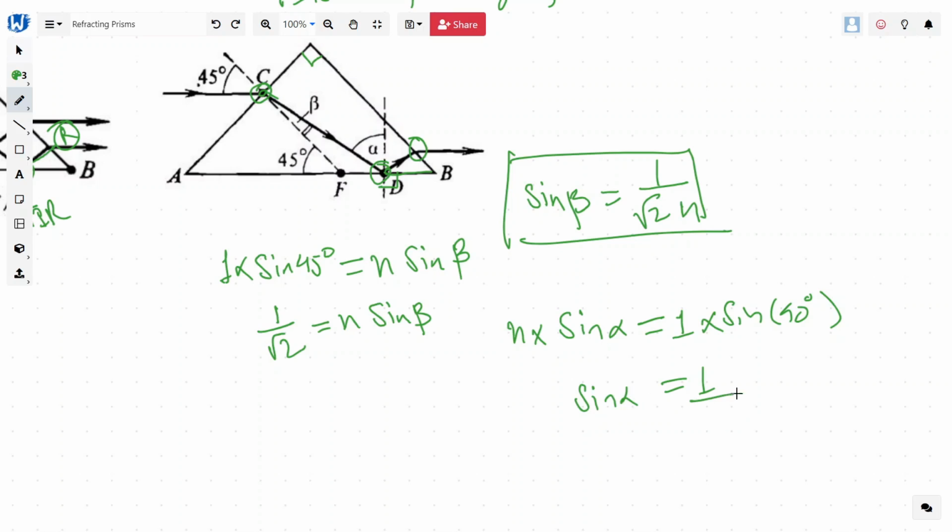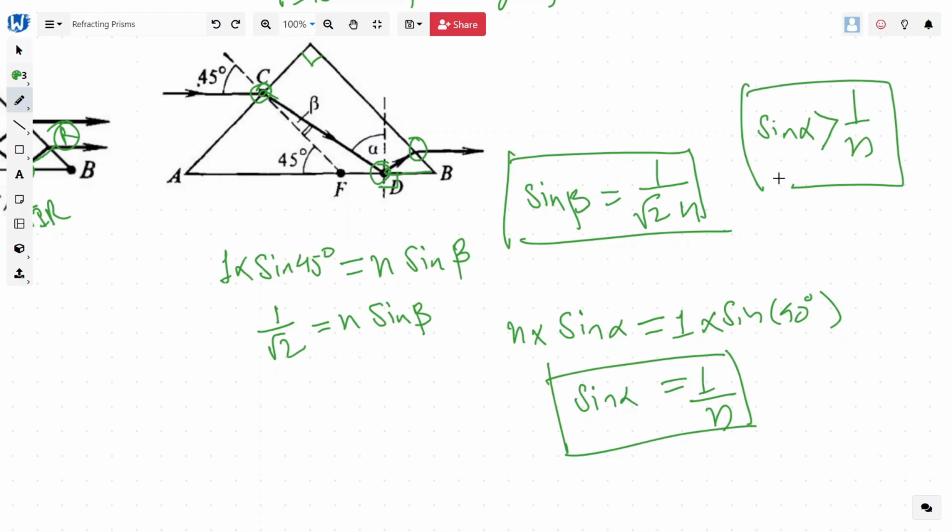Sine of alpha is going to be equal to 1 by n, and for total internal reflection to happen, it's the same equation as we obtained last time: sine alpha has to be greater than 1 by n. Now we have to just find sine alpha in terms of n, and then we will be done, right?